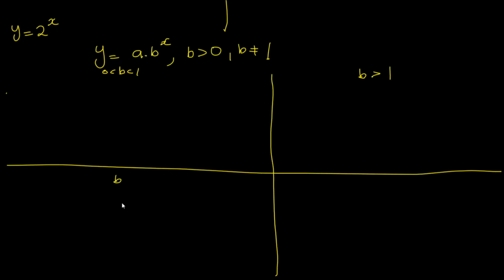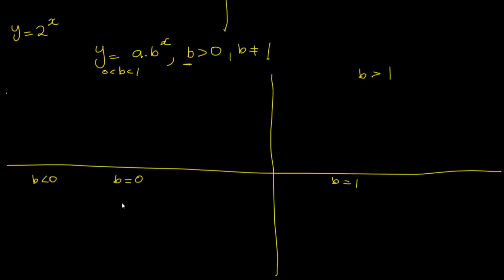What happens when b is equal to 0? And what happens when b is equal to 1? Because we want to see why we can't have b equal to 1, and also why b must be greater than 0. We will also see what happens when b is less than 0, because that restriction is saying b has to be positive.